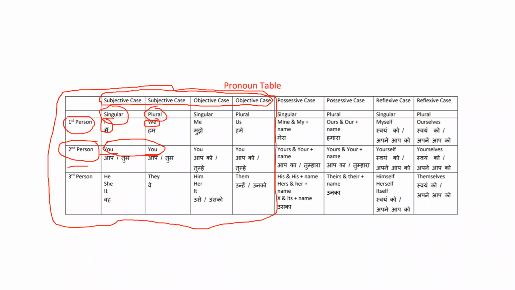Then let's talk about the third person. Speaker is first person, listener is second person, and apart from first person and second person, the rest of the pronouns are called third person. Or simply we can understand that about whom we talk in the sentence, those pronouns are called third person.